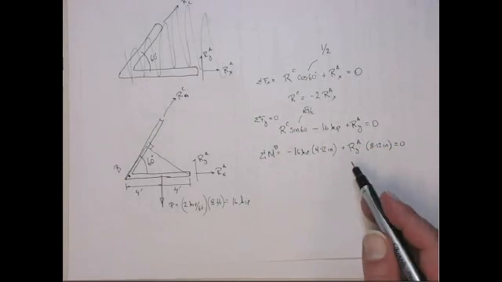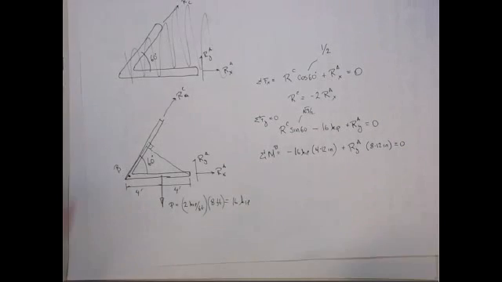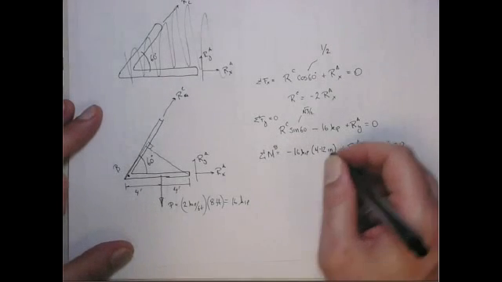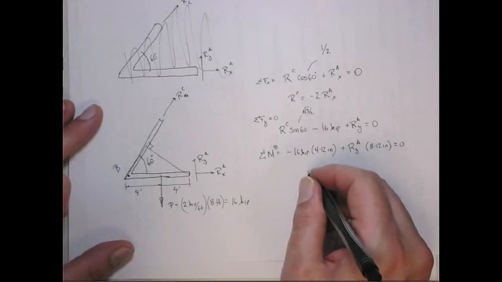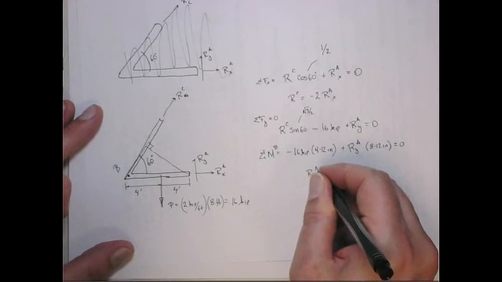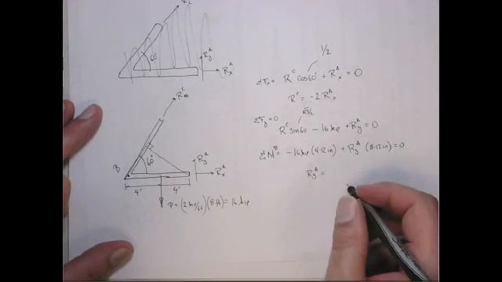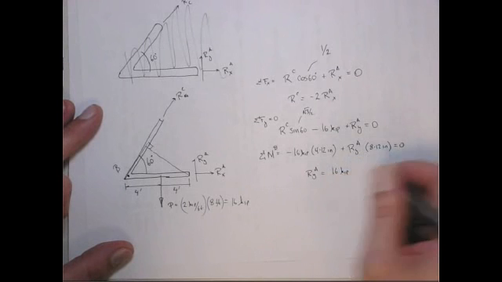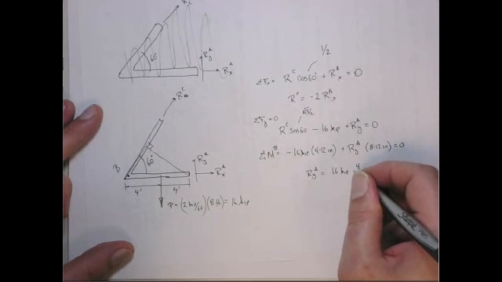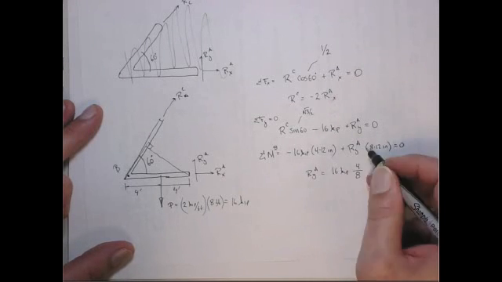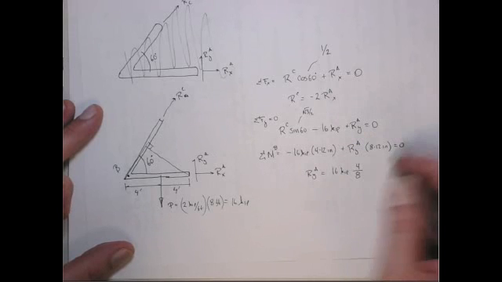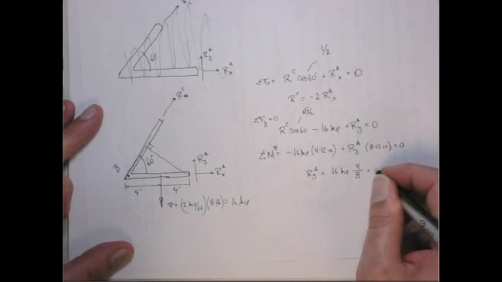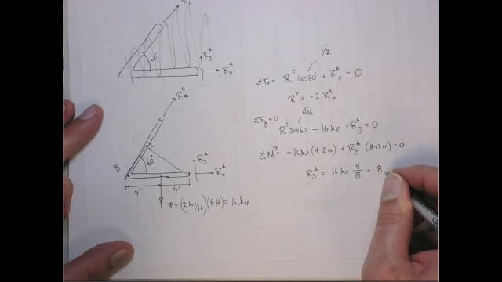All right, so that'll immediately give me Ry at A. So the 12s will cancel out. So I get Ry at A has to equal 16 kips times 4 divided by 8. The 12s cancel out, and that gives me 8,000 pounds. Okay.